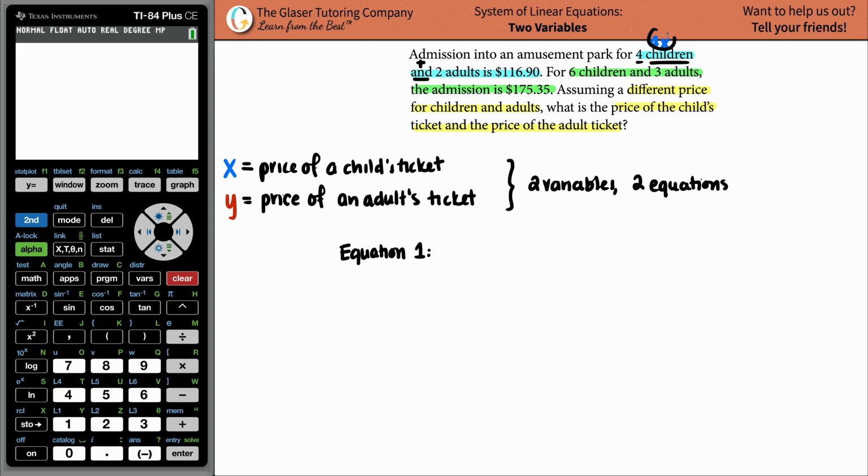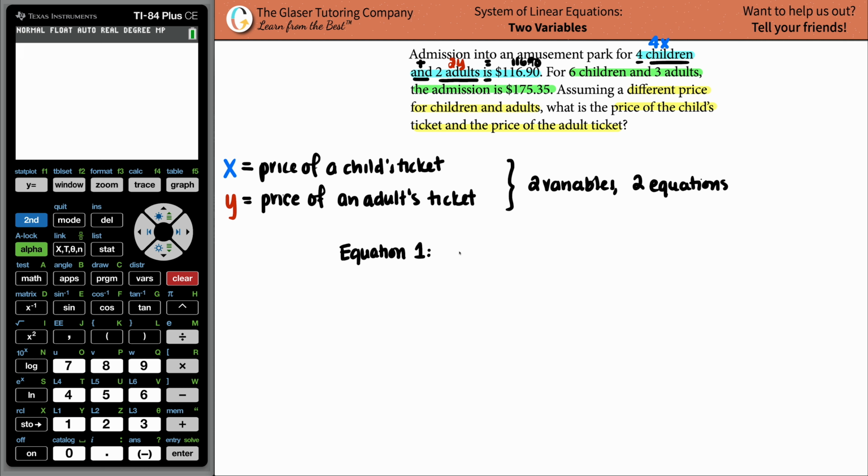So we have 4X plus 2 adult tickets. We don't know the price of the adult ticket; that would be Y, but there are 2 of them, so this would be 2 times Y. And use your context clues: 'is' literally means equals. By using wording, they're giving it to you as a formula, right? 4 children, 4X, plus 2 adults, 2Y, equals 116.90. So there's your first equation.